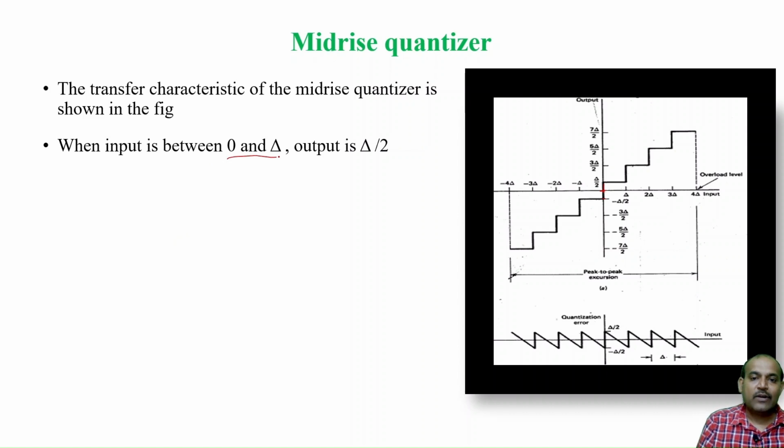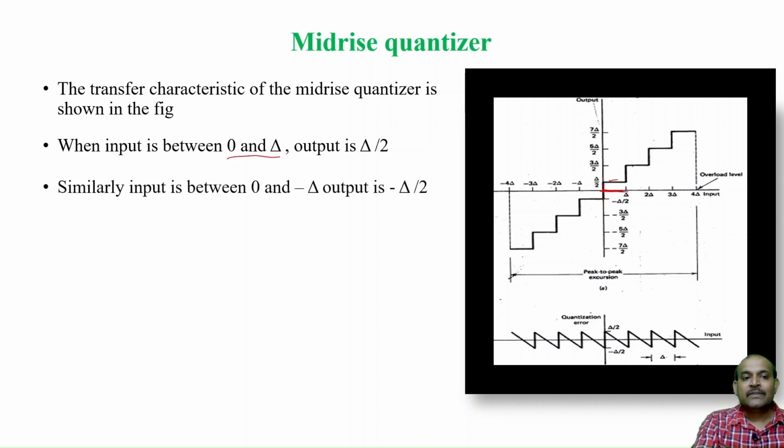Therefore, mathematically, when the input is between 0 and delta, what is the output? Delta by 2. Your input is between these values, but I am getting the output as delta by 2.